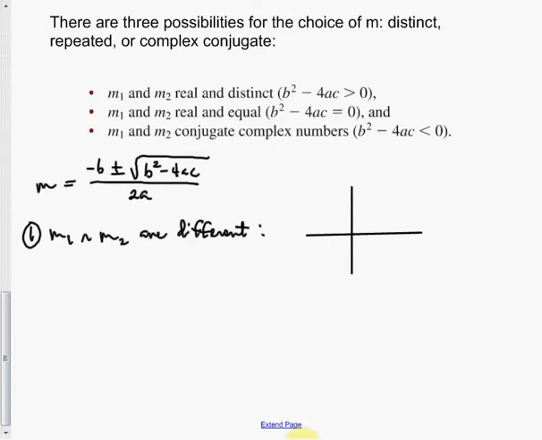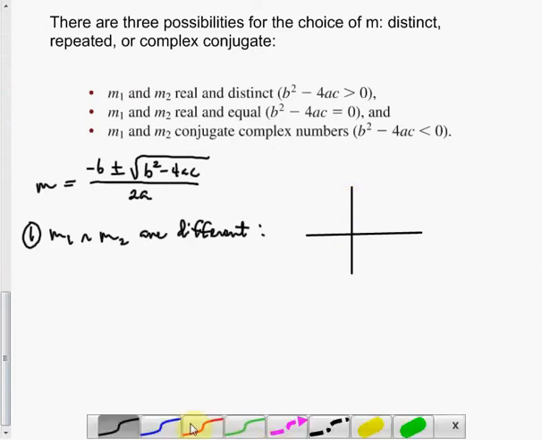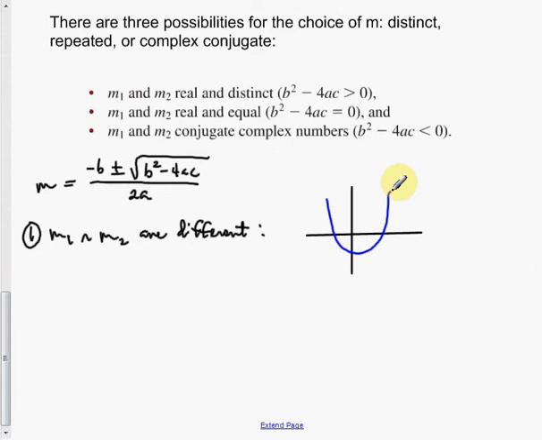So now I'm going to draw a curve. M sub 1 and M sub 2.